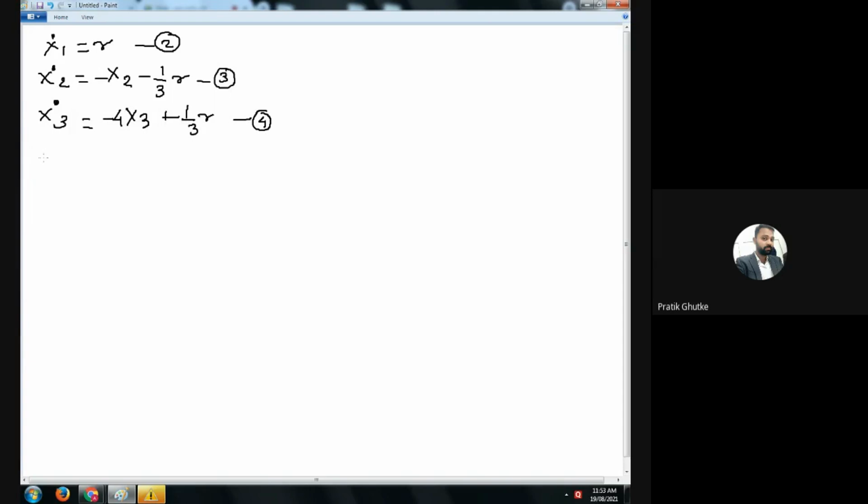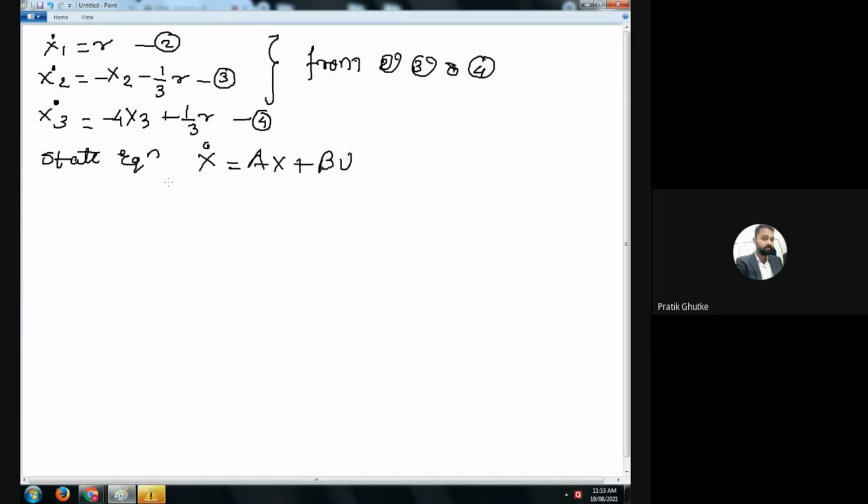This was my equation number 4. So from 2, 3 and 4, what was this, my state equation? State equation is nothing but x dot equals to ax plus bu and y equals to cx plus du.